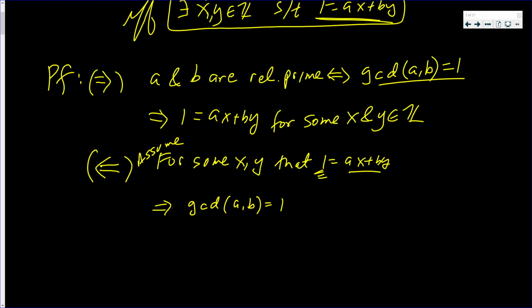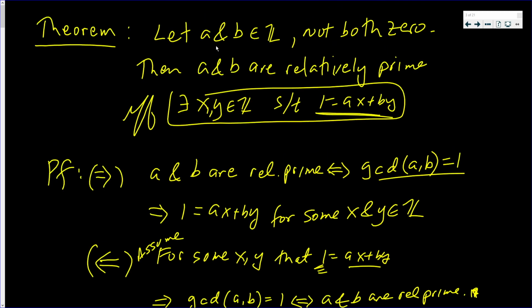But this implies by definition, I can even say if and only if, that A and B are relatively prime. That finishes the proof of that theorem.